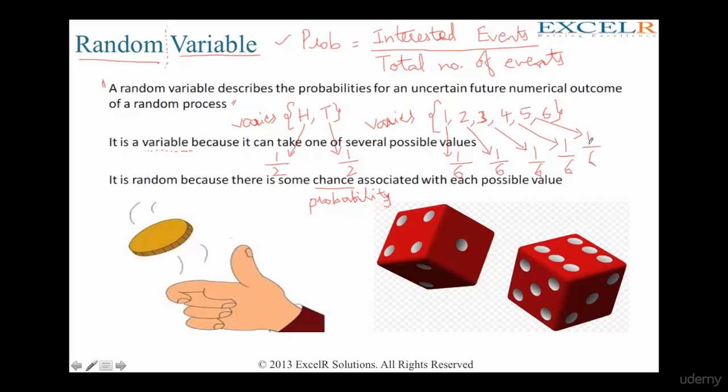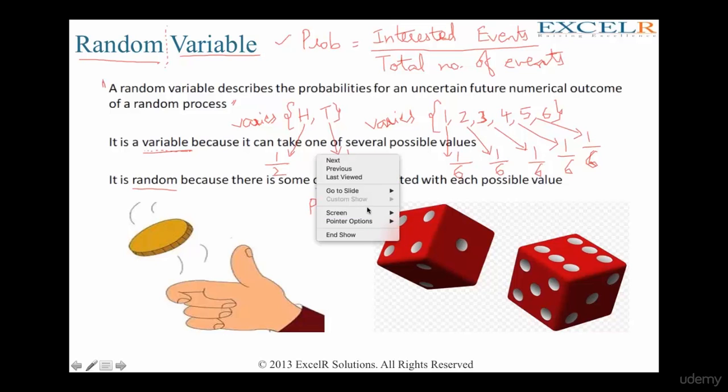And whenever there is a probability associated with the events, it is called as random. And if there is any event whose output might vary, plus if it has a chance or probability associated, it is called as random variable.